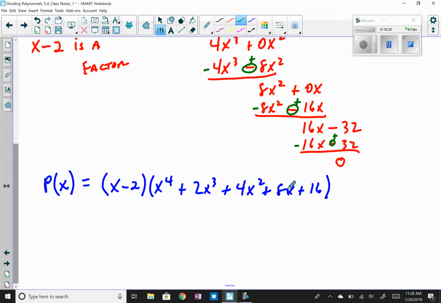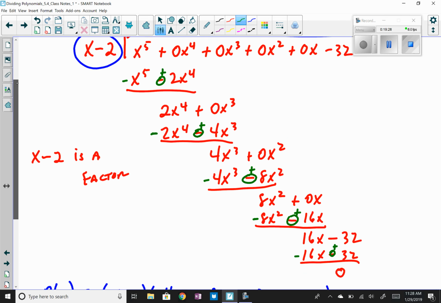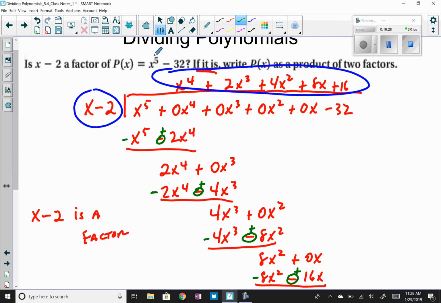Okay, so that's p of x as the product of two factors. And if we multiply that together, we get the x to the fifth minus 32.